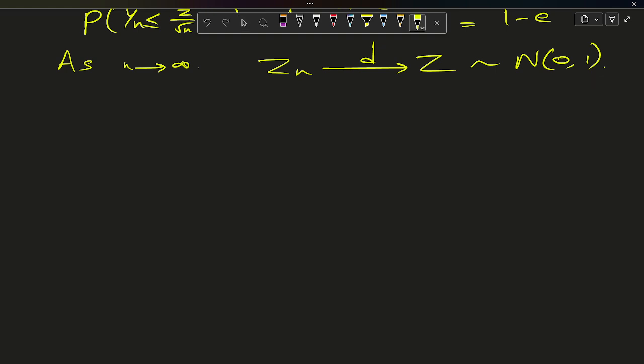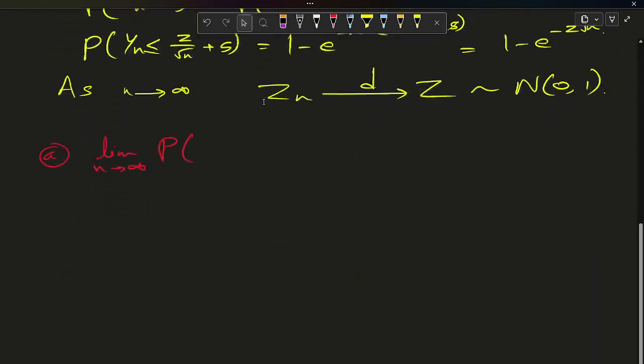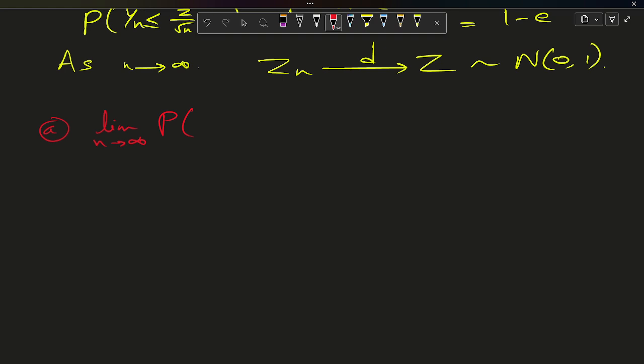Our first statement was A: limit n tends to infinity of the probability that half is less than Yn less than 3 by 2 equals 1.